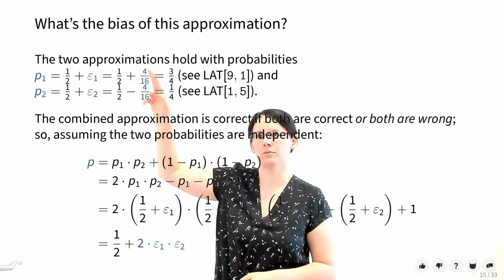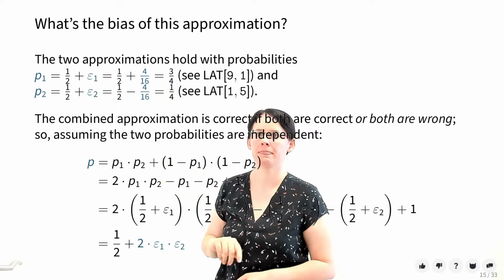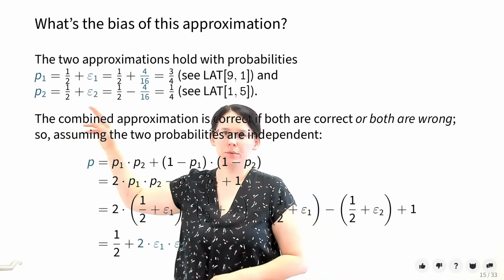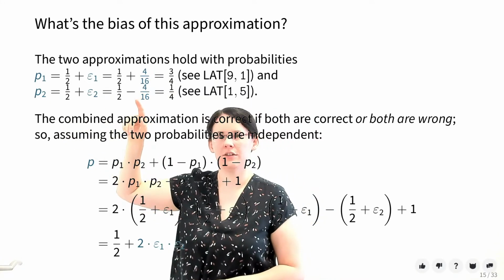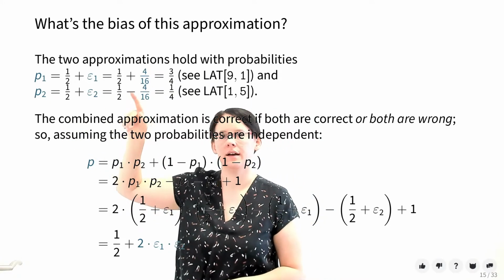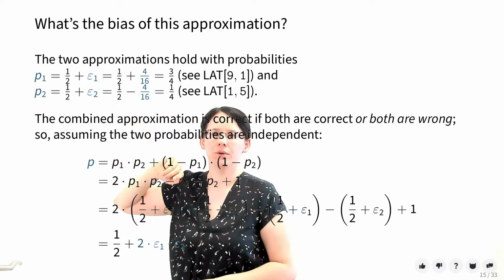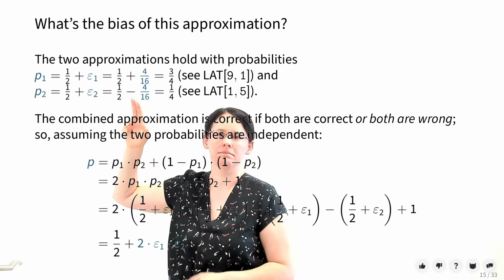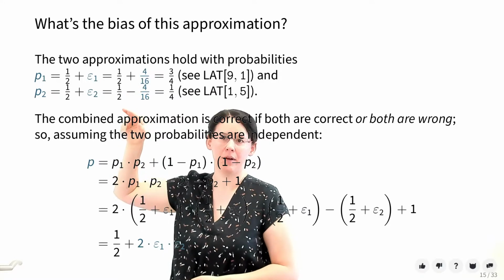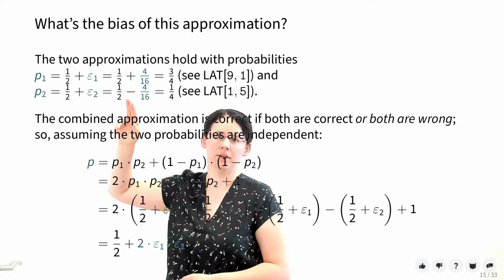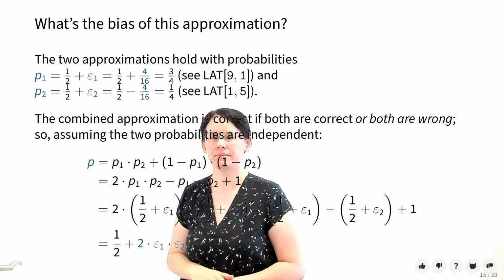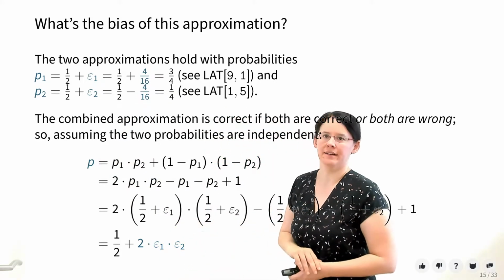So the bias is 4/16. And the second one, I can also check that in the approximation table, we saw that the entry was -4. So the magnitude of the bias is the same, but this one has a positive sign and this one a negative sign. Okay, so this is what we know.